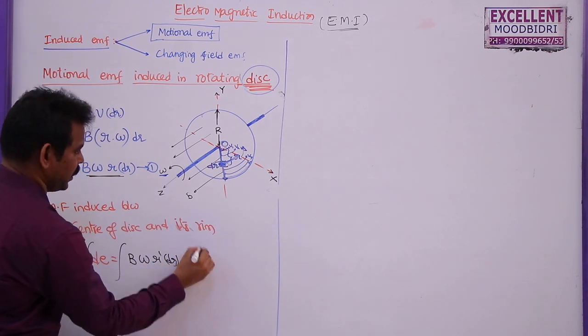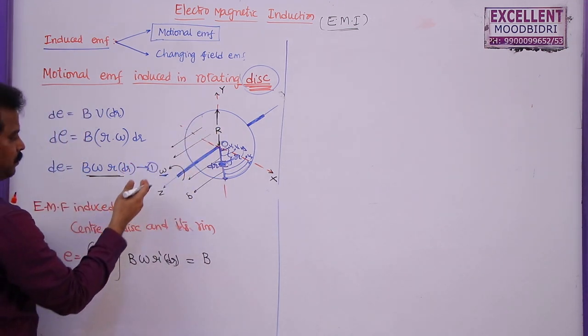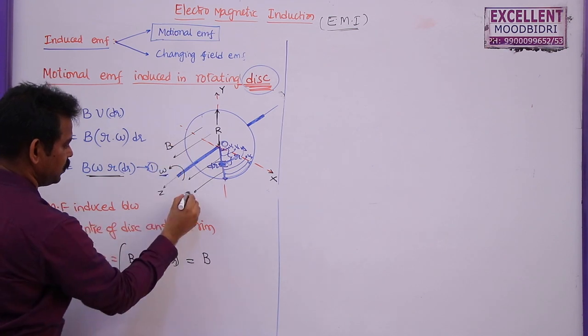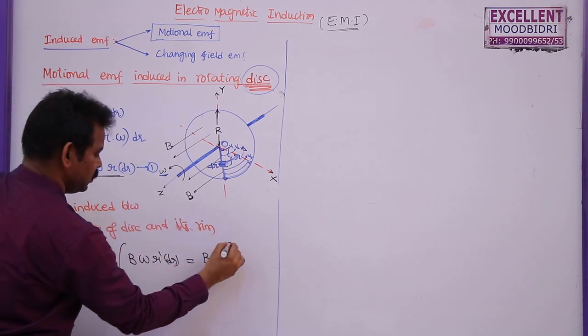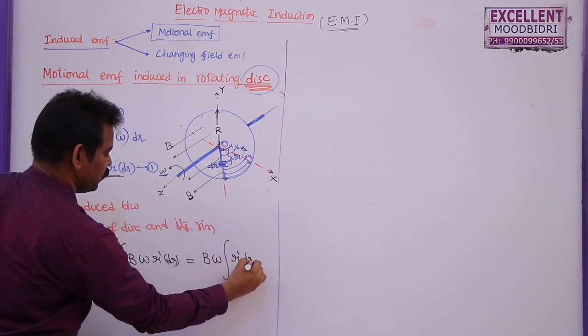Here the magnetic field is acting along the z-axis, so it is B, and omega is also a constant angular velocity. The integral is of r power 1 dr.